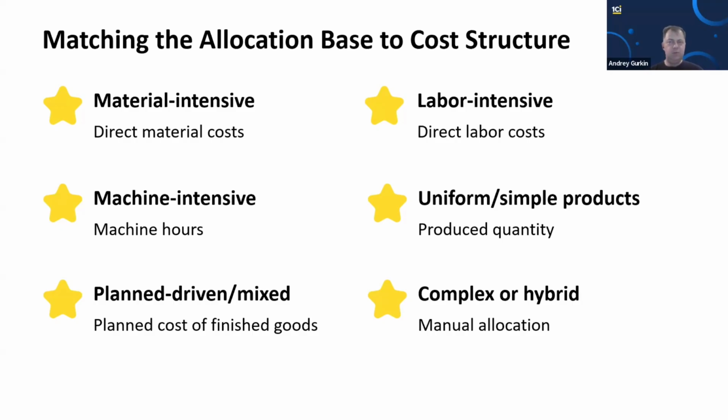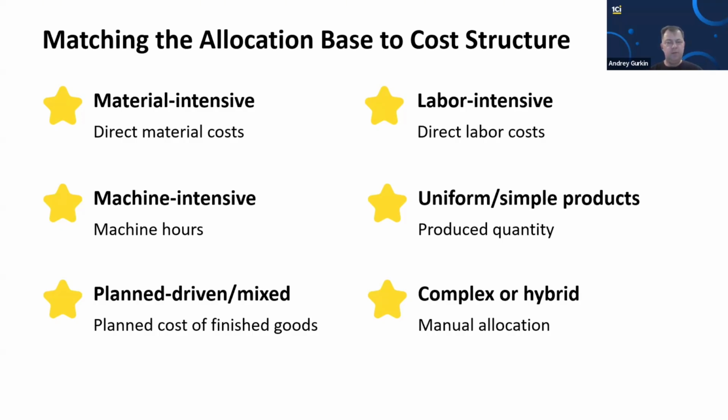So if we produce 3 pieces of the first product and 5 pieces of the second product, we can use it as allocation base 2. So that triangle plus these two things reflect our produced quantity, actual quantity, or planned cost of finished goods, or some very unique, complex or hybrid things.